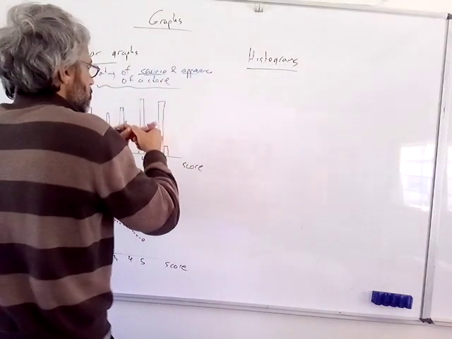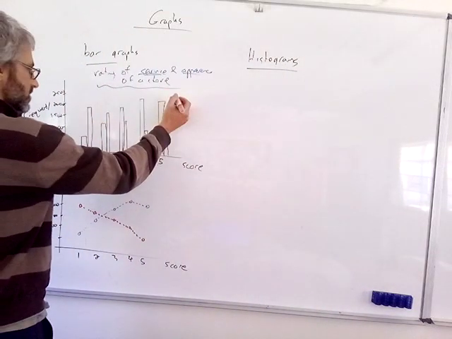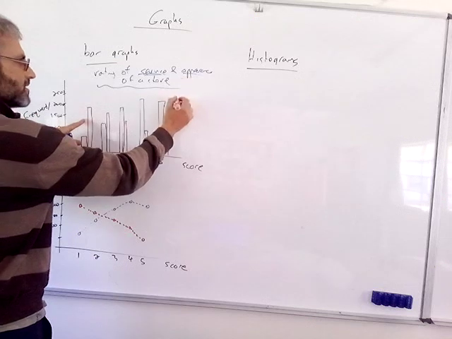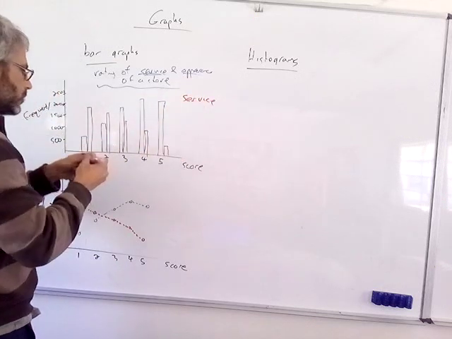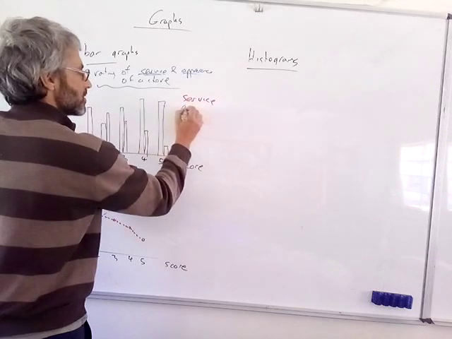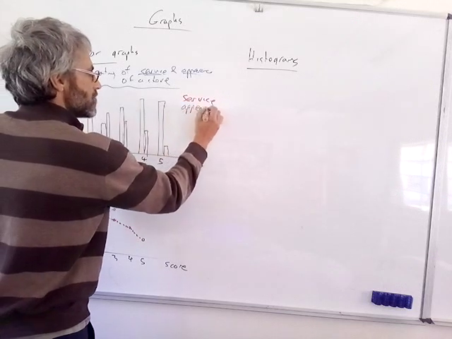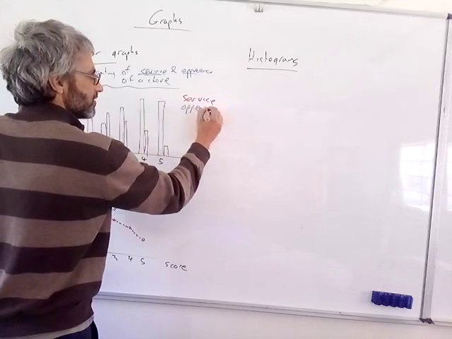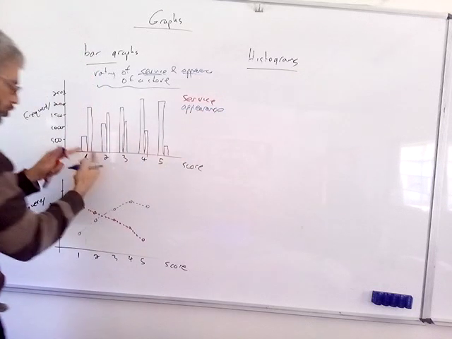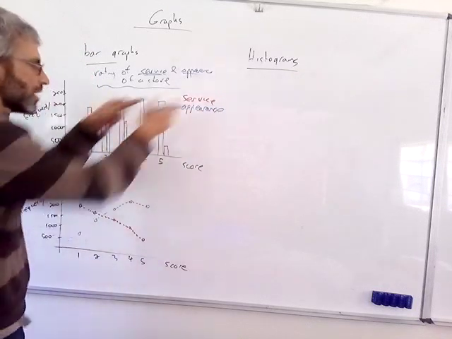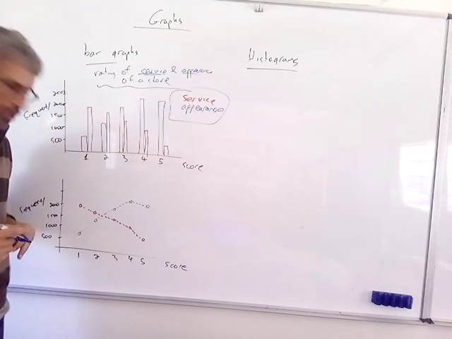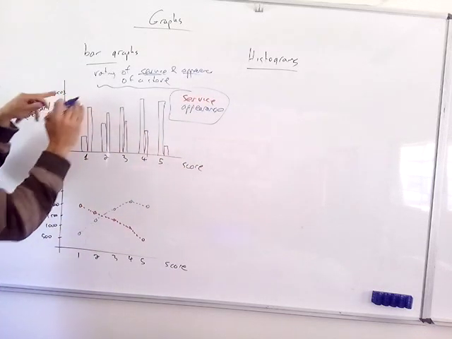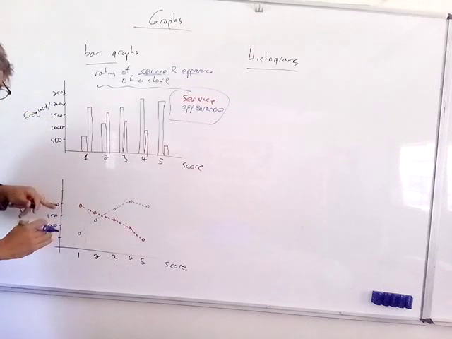If you have colors, it works best. Let's say the red one is service, and the blue one is appearance. You're not always going to have it, but if you have two bars on each score, you need a way of showing which one is which. So that's bar graph, and that's broken line graph.